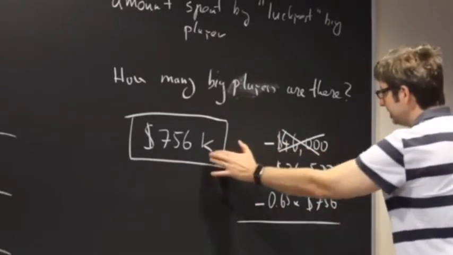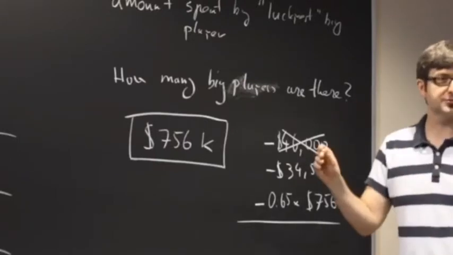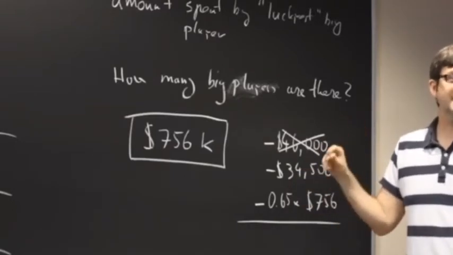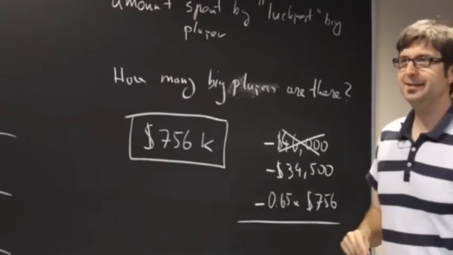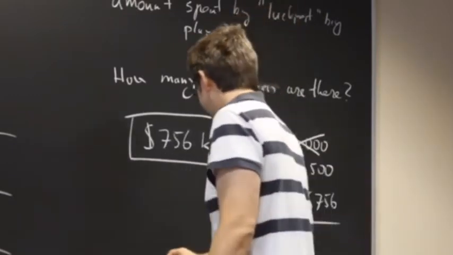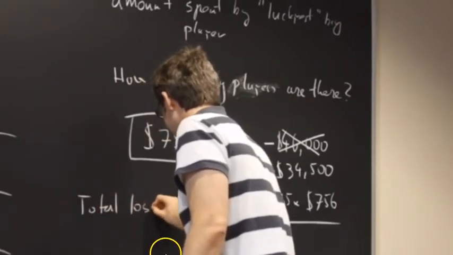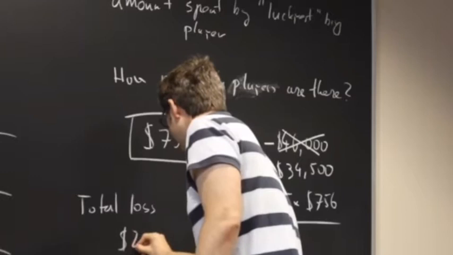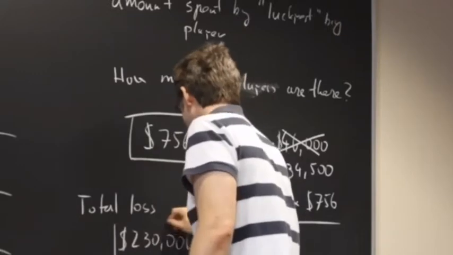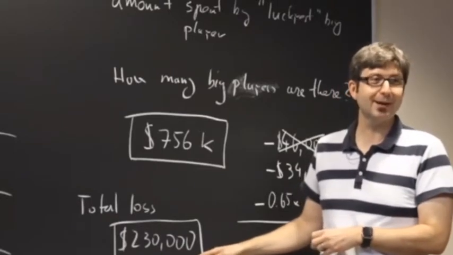And if I take this big number and subtract these two numbers from it, this will be the total loss that I can guarantee this person incurred if they didn't cheat and if they just truly bought all the tickets themselves. And this is a staggering $230,000. So let me put it down. Total loss. And it really is more of a, because of the assumptions, this is like the bargain basement price.